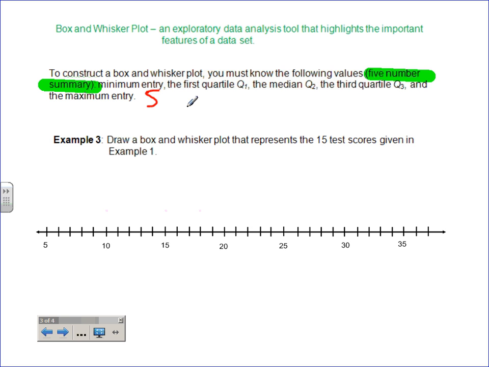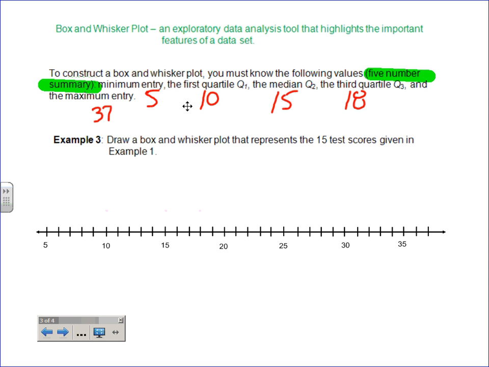The first quartile, well, 10. The median, or quartile 2, was it 15? Yeah. Okay, third quartile, 18. And maximum, 37. Now that's what the book says. I kind of think that it's really good to have actually a 6-number summary because I think it's important to know the IQR. I really do. And so we know that's 8.